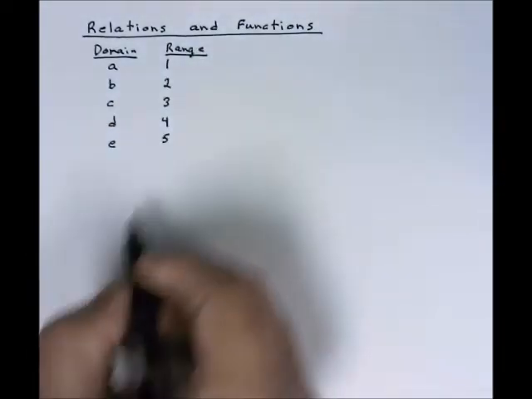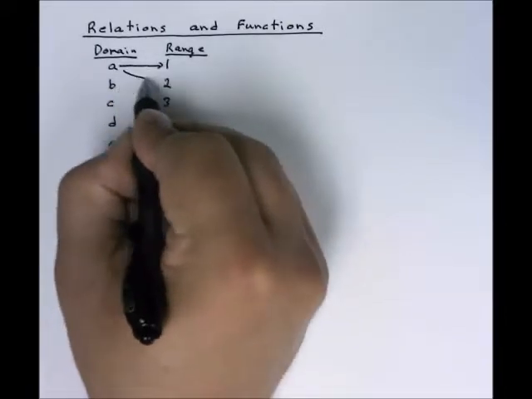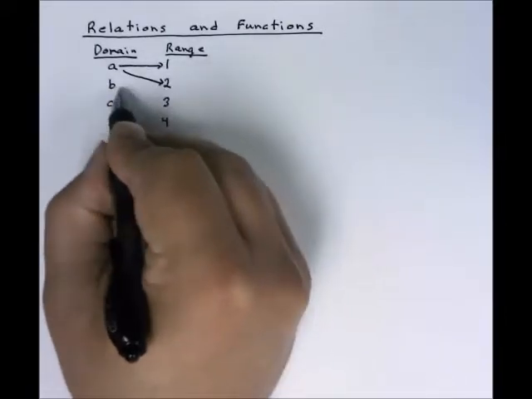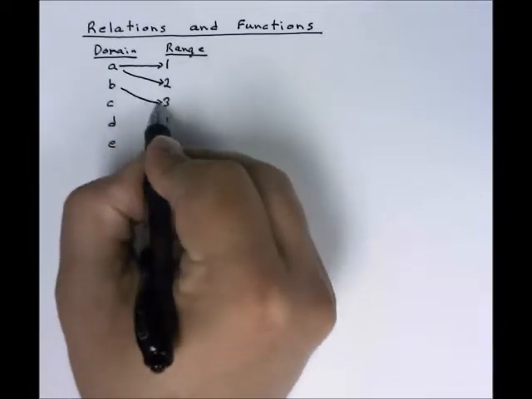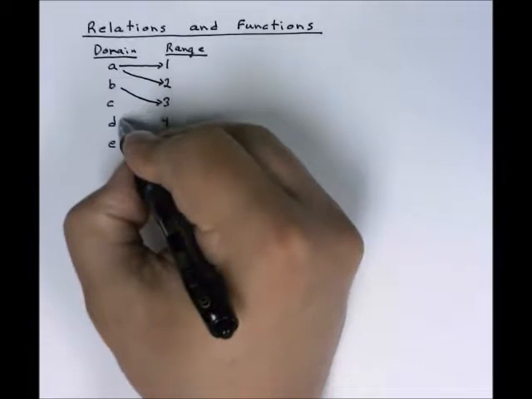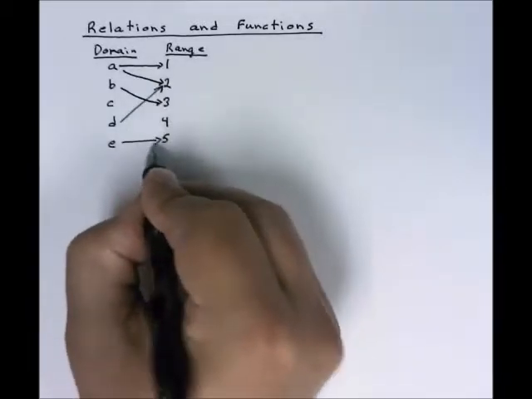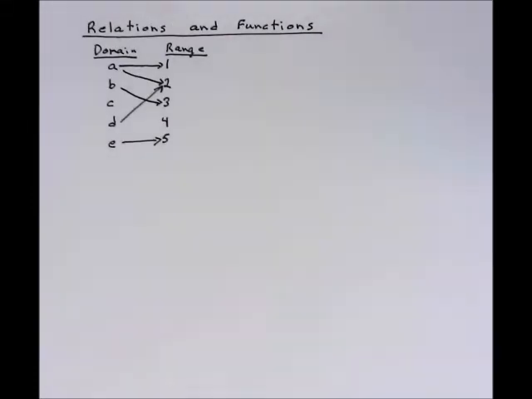For instance, my rule might state that A goes to both 1 and 2, B goes to 3, C goes absolutely nowhere, D goes to 2, and E goes to 5. And that's a perfectly good relation.